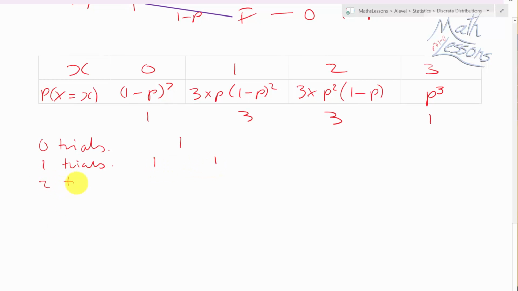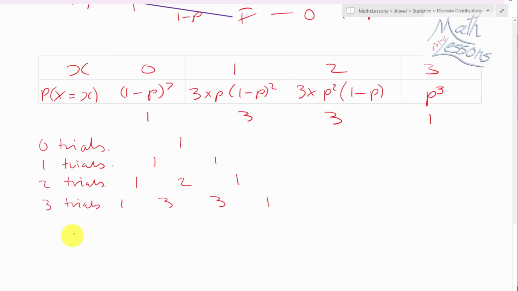If we have 2 trials, we can have 1 lot of 0 successes, 2 lots of 1 success, and 1 lot of 2 successes. 3 trials, and we can see the number of ways of getting the different success outcomes was that. And we can see that these are just binomial coefficients from Pascal's triangle.